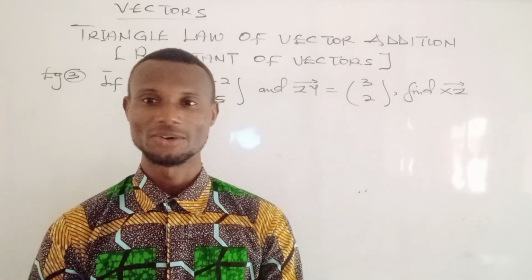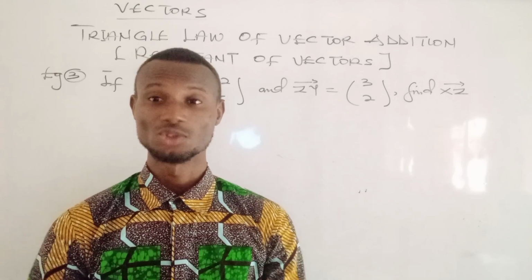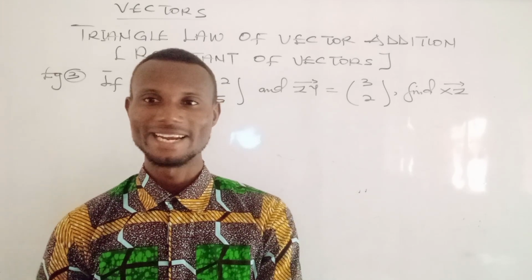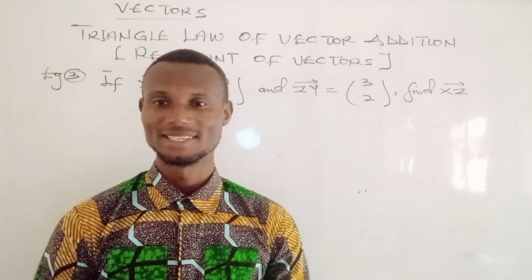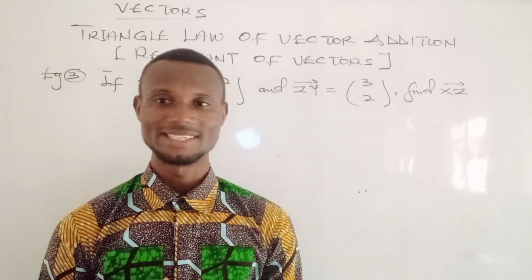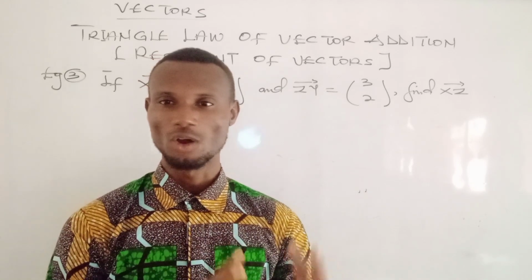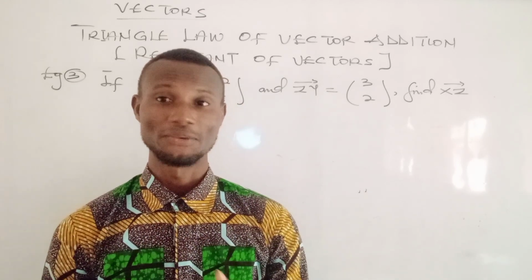Drawing the triangle helps you to solve the question. It makes it very simple. I know there are other means of solving it, but for the sake of easy understanding, that's why I stick to drawing the triangle, which is very important.